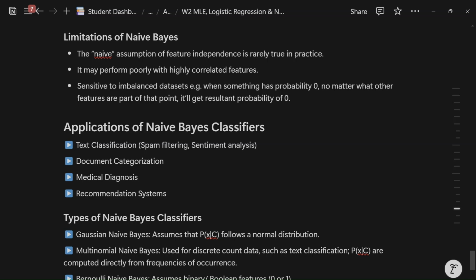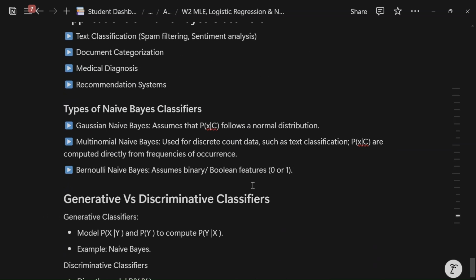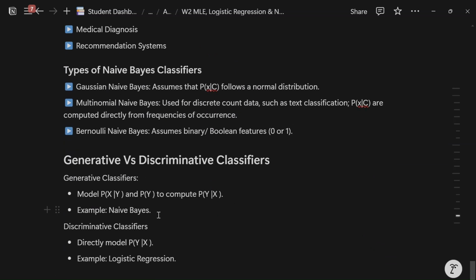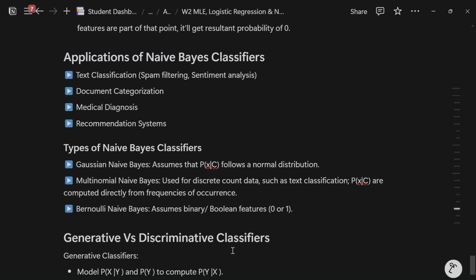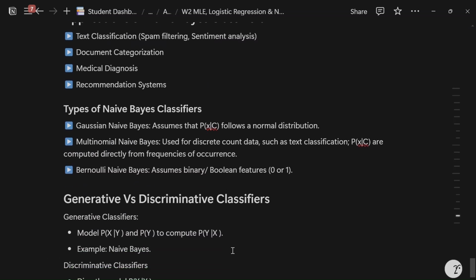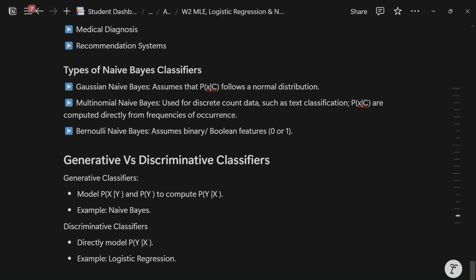I don't think we need to look at generative and discriminative classifiers in this topic, since I don't think that's related to naive Bayes, but I can look into it if you want. No? This is a generative classifier. As you can see, generative classifiers focus on joint probabilities, whereas discriminative classifiers look more at conditional probabilities.